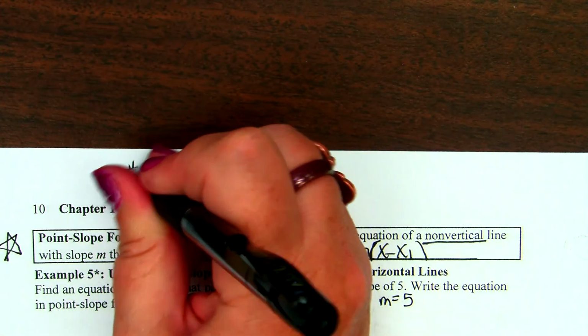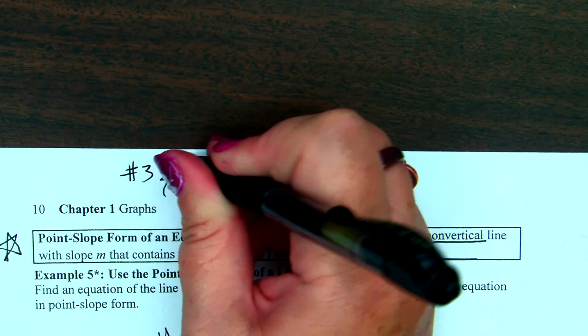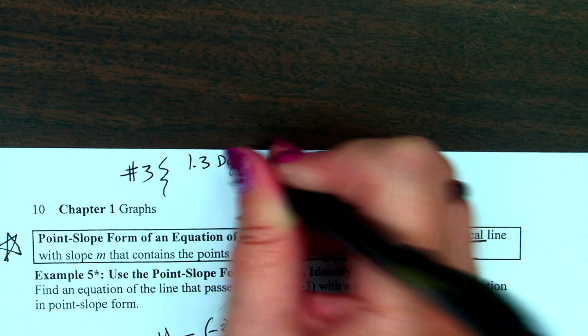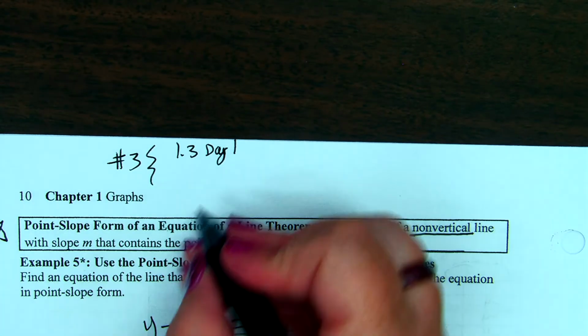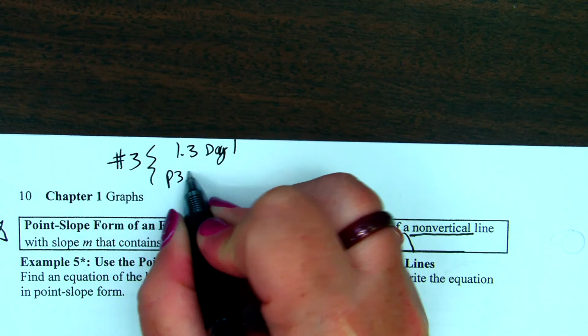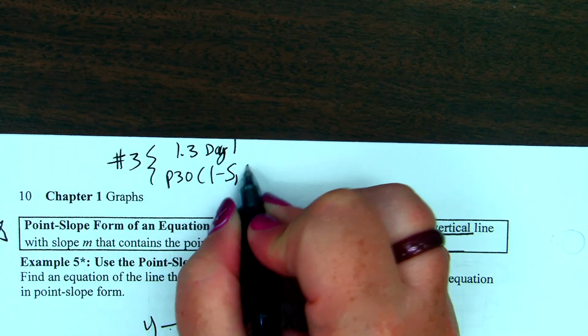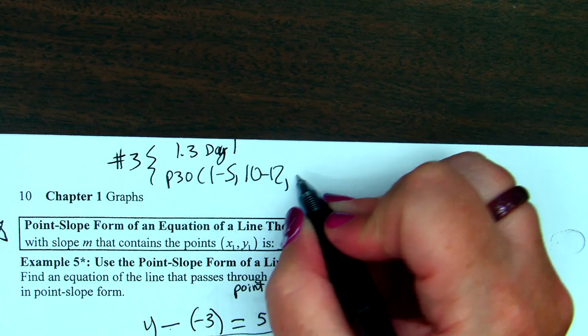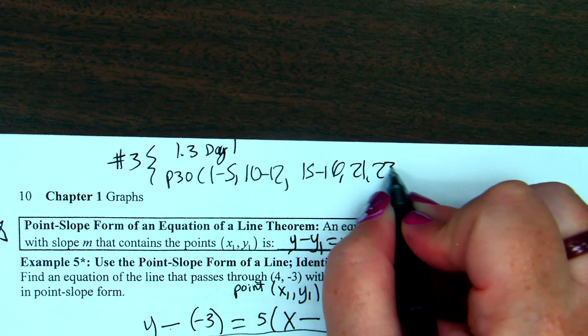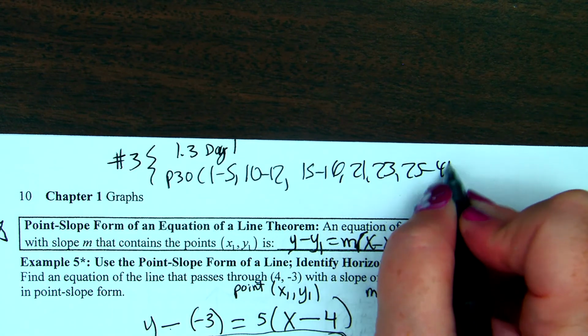So your homework number 3, 1.3 day 1, write this at the top of your page, please, before you submit it. Page 30, 1 to 5, 10 to 12, 15 to 16, 21, 23, 25 to 41 odd.